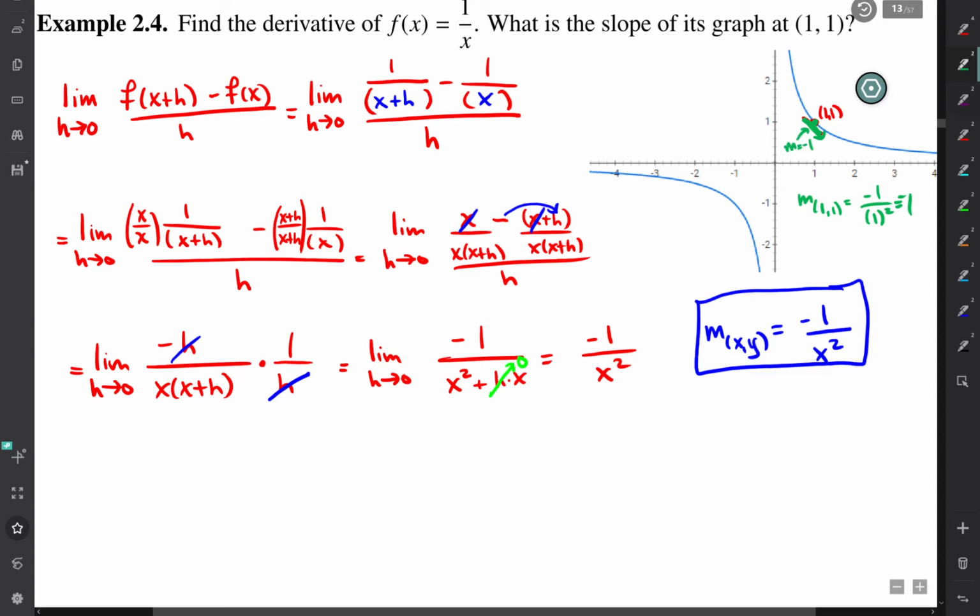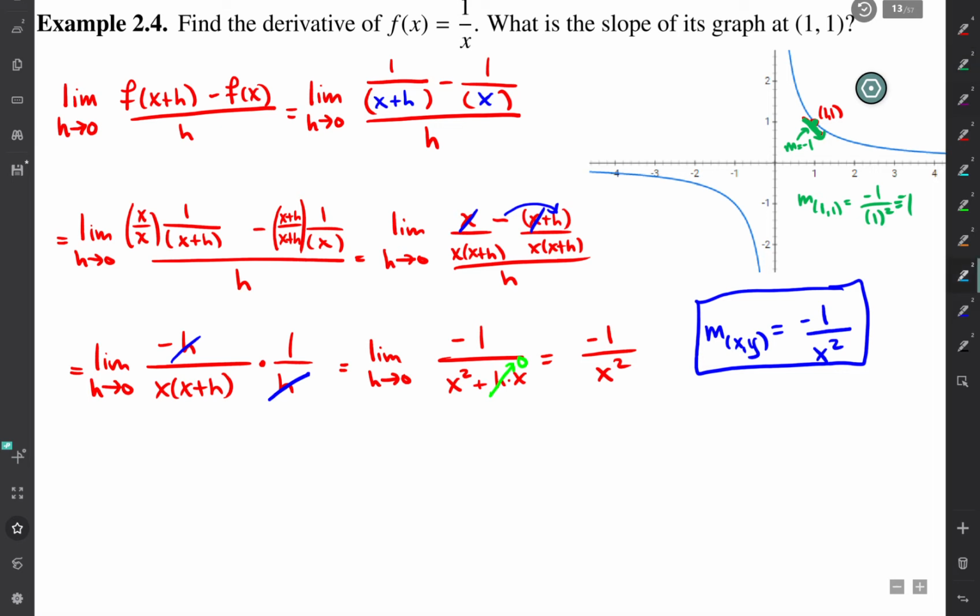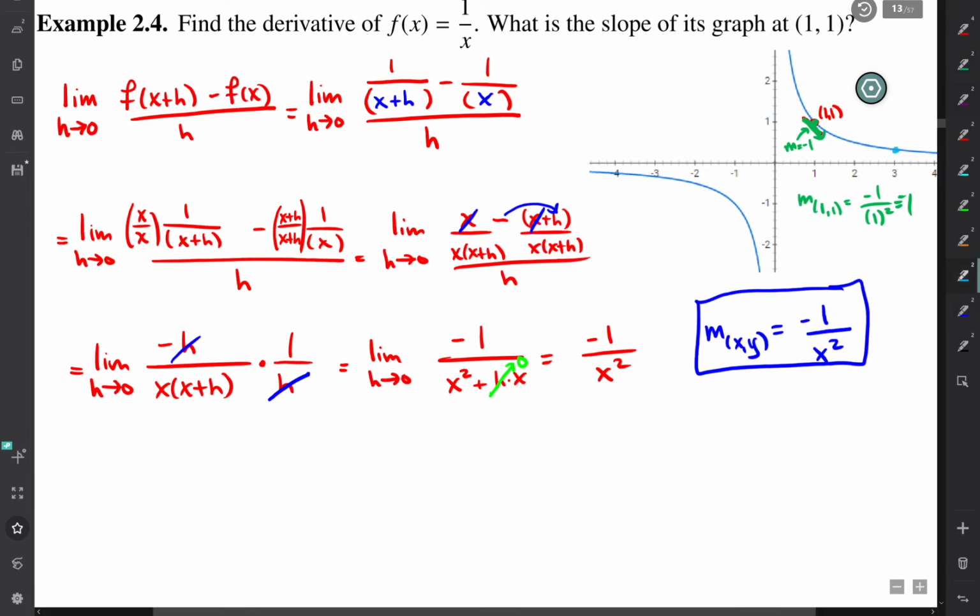If I wanted to find the slope somewhere else, like here, which would be (3, 1/3), the slope I can already tell you will be negative 1/9, right? So m at (3, 1/3) is going to be negative 1 over 3 squared, or negative 1/9.